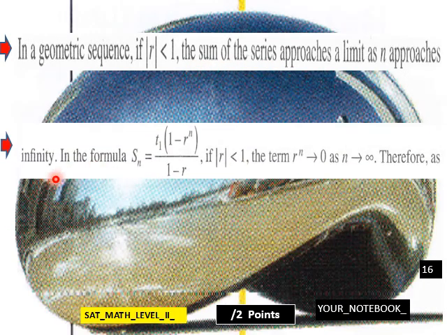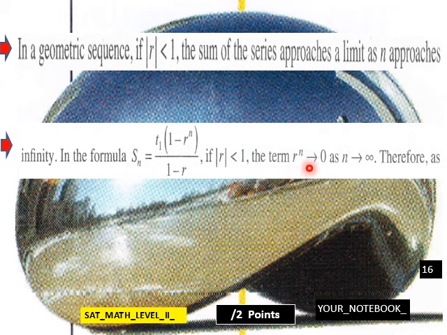In a geometric sequence, if the absolute value of r is less than 1, the sum of the series approaches a limit as n approaches infinity. In the formula, Sn equals term 1 multiplied by 1 minus r to the nth over 1 minus r, if the absolute value of r is less than 1.